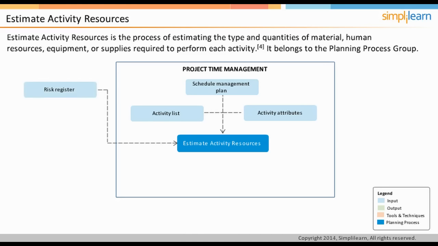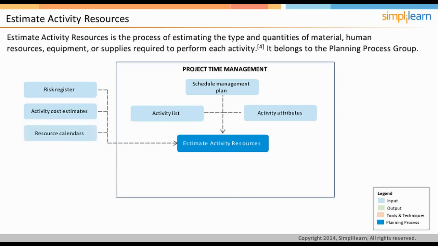Risks to the project may influence the decisions about the resources that need to be deployed. Hence, Risk Register becomes an input to this process. In addition, activity cost estimates are another input. Cost and resource estimates on a project are interrelated and influence each other. For example, the cost might dictate the number and type of resources that can be employed, or the time might dictate the cost that may need to be incurred.